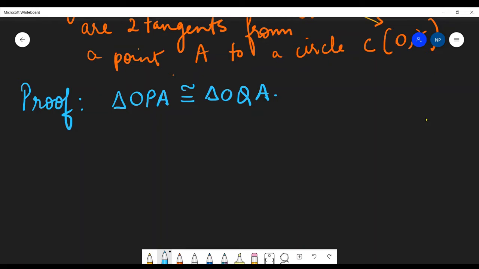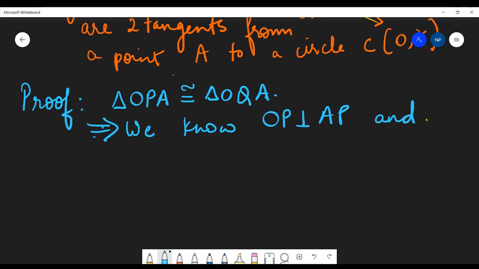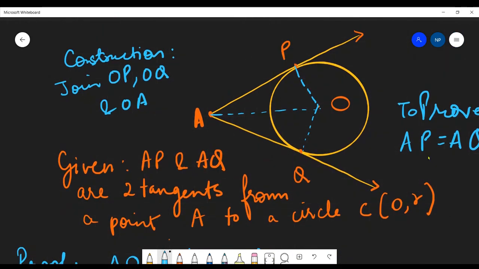We know this particular property. We write, we know, with an implies sign. We know OP is perpendicular to AP and OQ is perpendicular to AQ, right? If you see the diagram over here, you will understand in a better manner. OP, this particular line, is perpendicular to AP. And OQ is perpendicular to AQ.